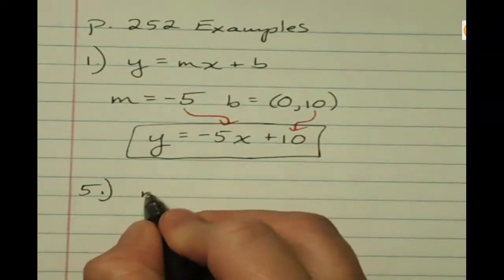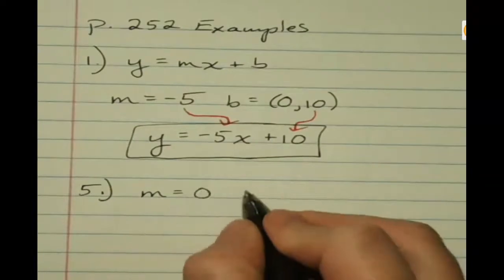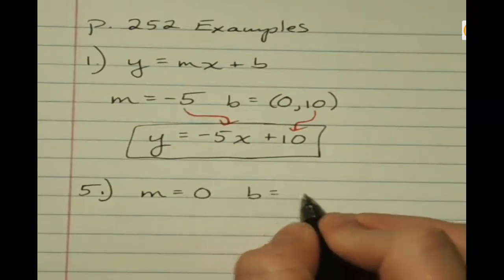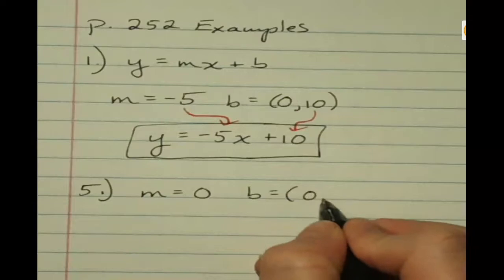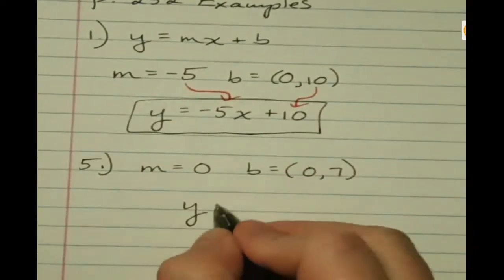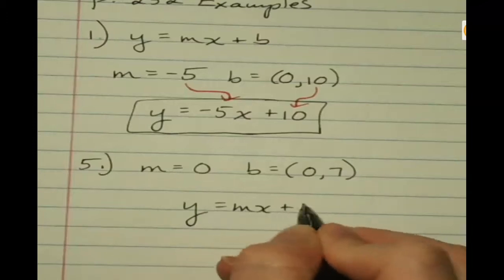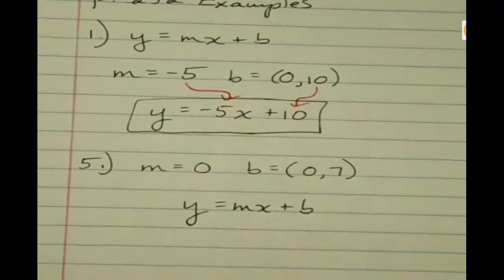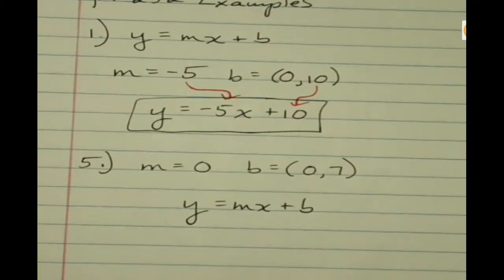So this time they give you a slope of 0 and the y-intercept as (0, 7). We need it to look like this.